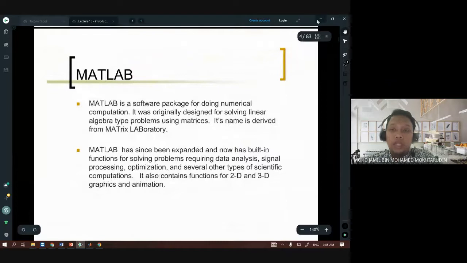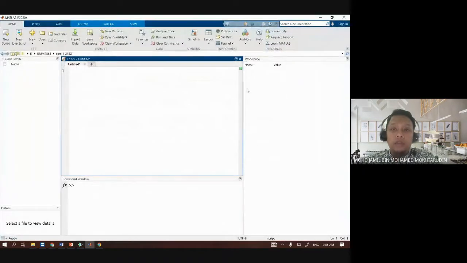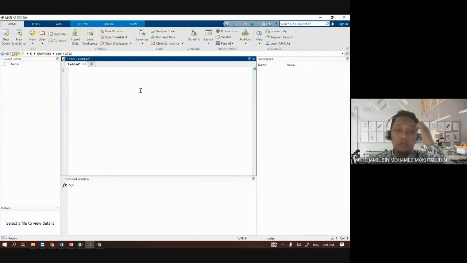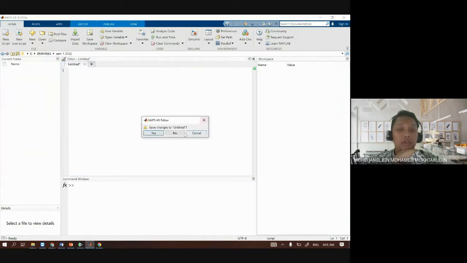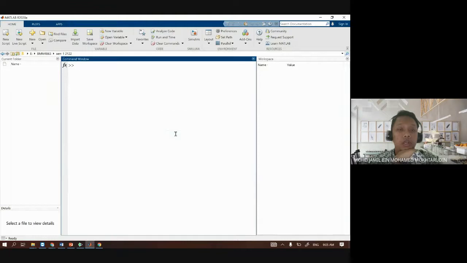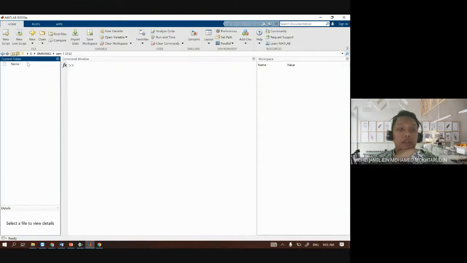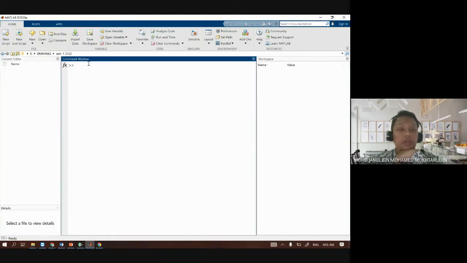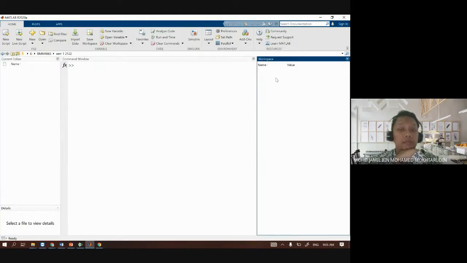Okay, so let's look at your MATLAB. If you have your MATLAB, I want to show you some basic features. Sometimes when you open MATLAB, you might not have the editor window. Maybe your GUI or layout is like this. You have the current folder, command window, and workspace.